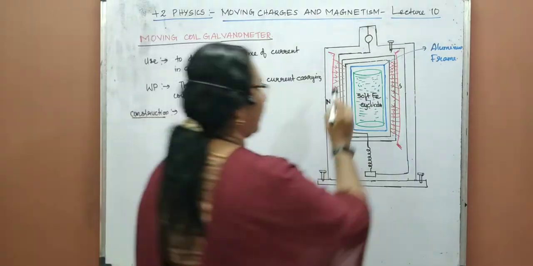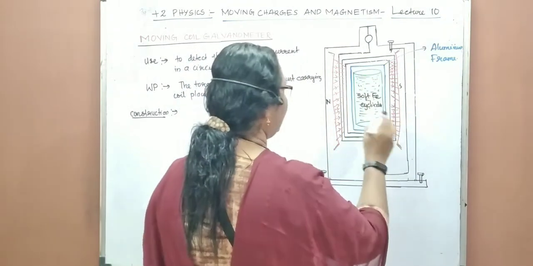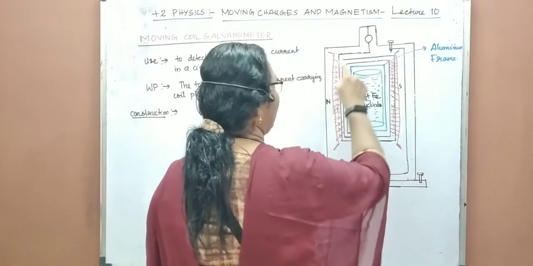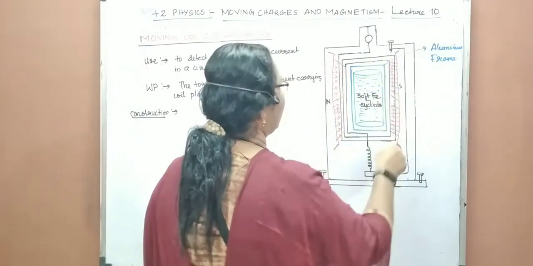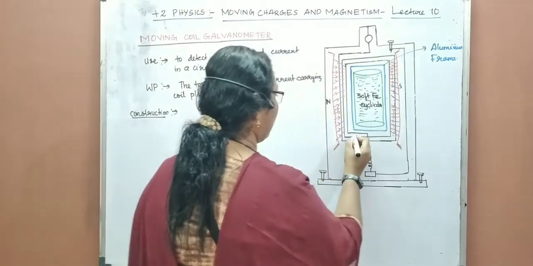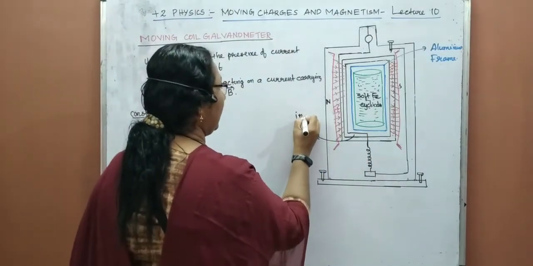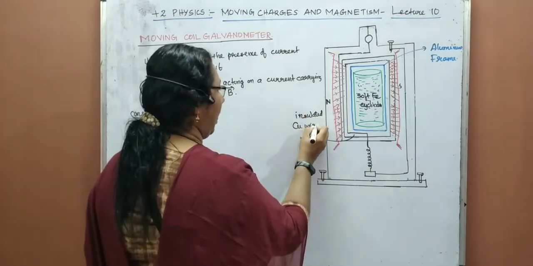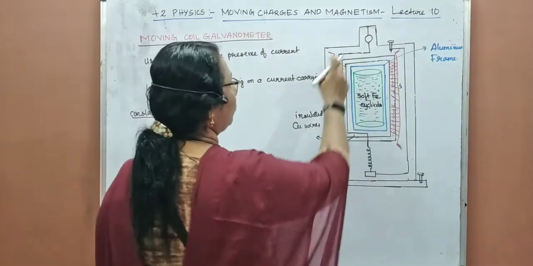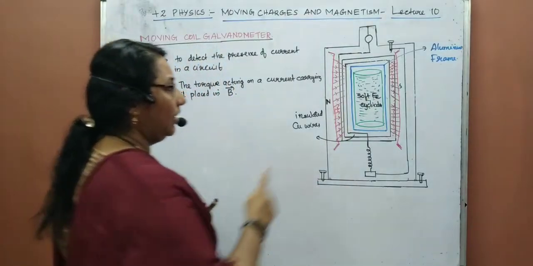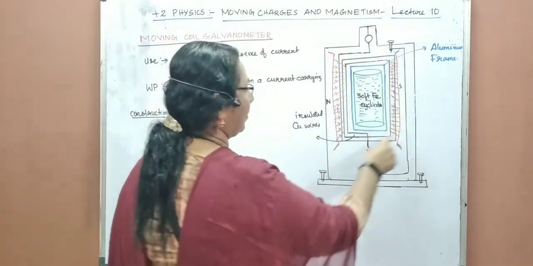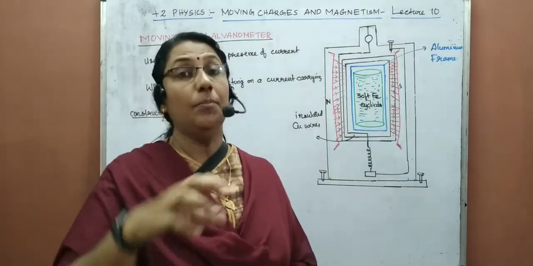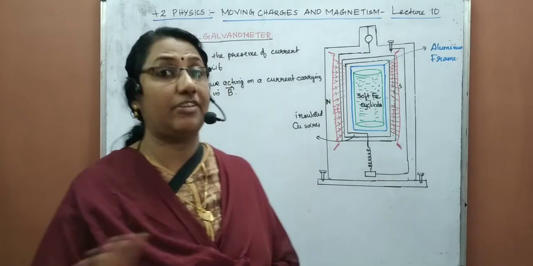Surrounding this blue aluminum frame are insulated copper wires. These black wires are insulated copper wires, wound over this rectangular aluminum frame. There are many turns, several turns. I have drawn 2 or 3 turns, but there may be several turns.